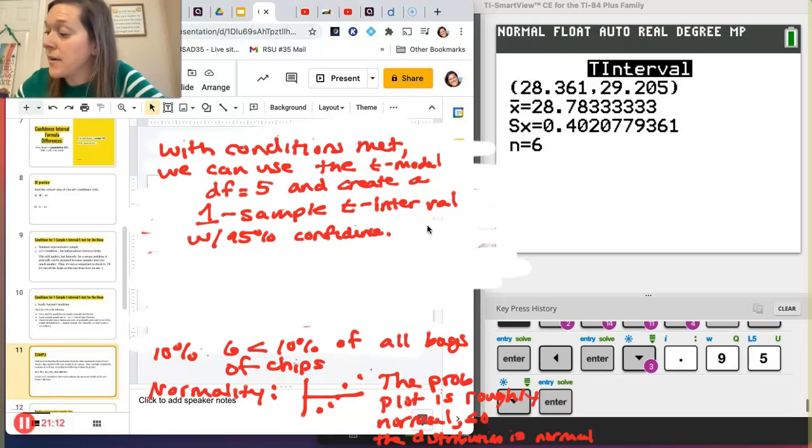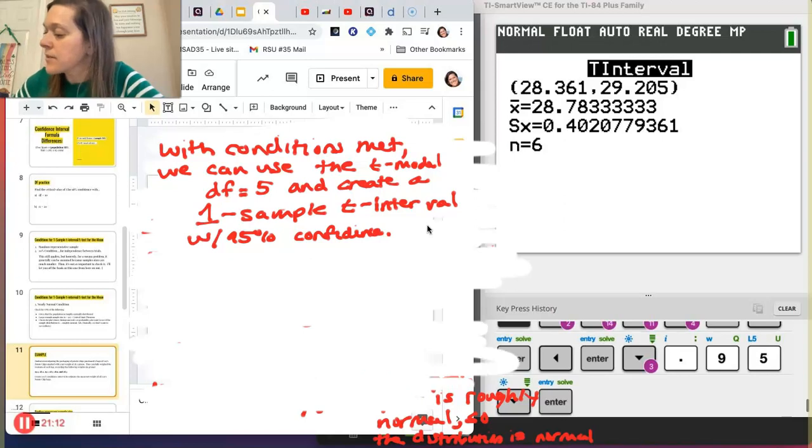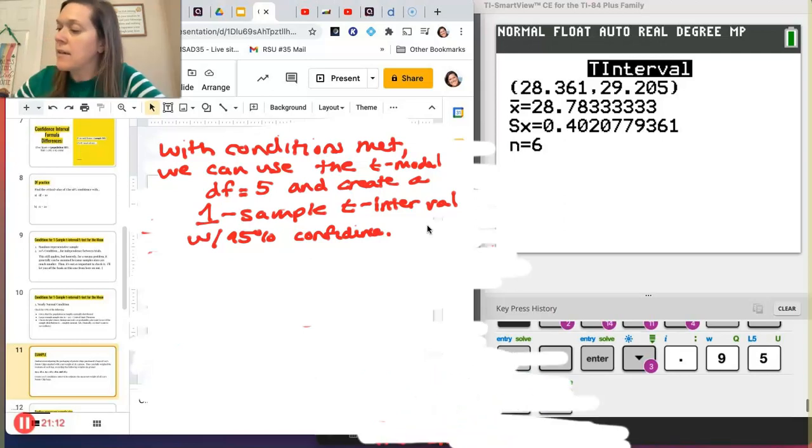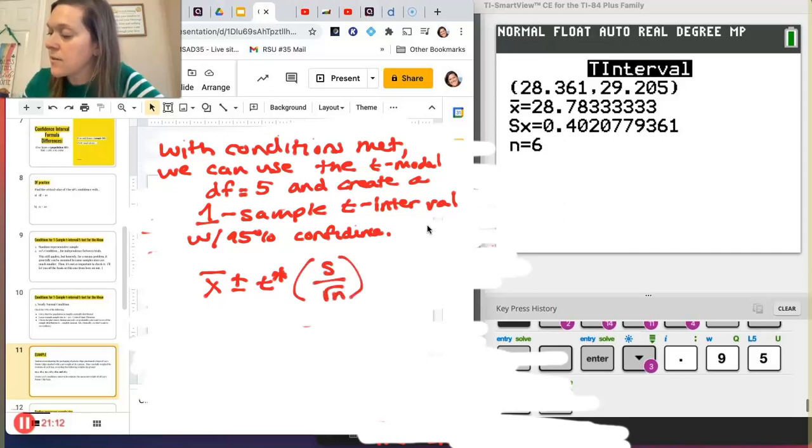All right, so now our calculator did the work for us. Now we've got to do the actual interval. We named the model, named the interval. So let's just quickly write it out. It's x bar plus or minus t crit times the standard deviation of the sample over the square root of n. So let's fill in some blanks. We've got 28.78 plus or minus.